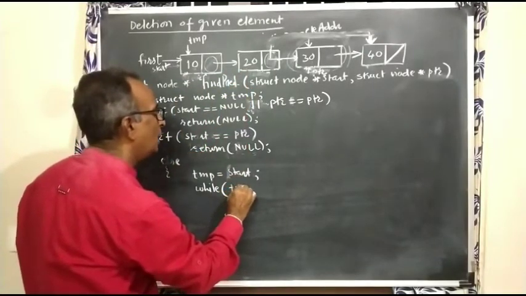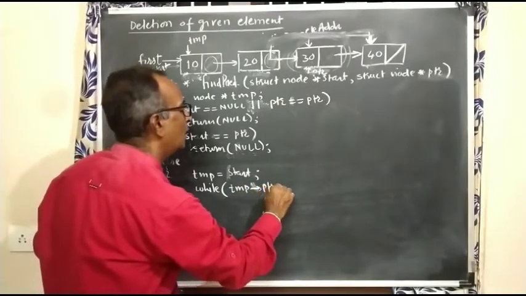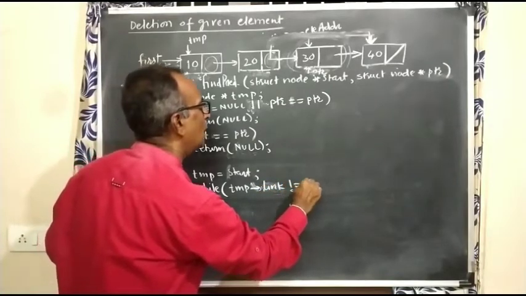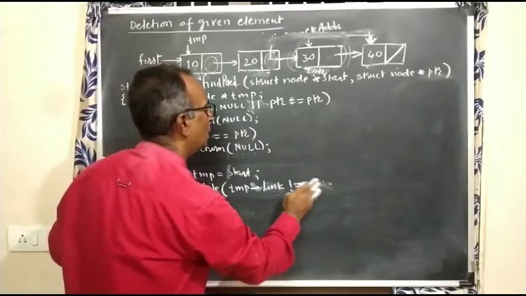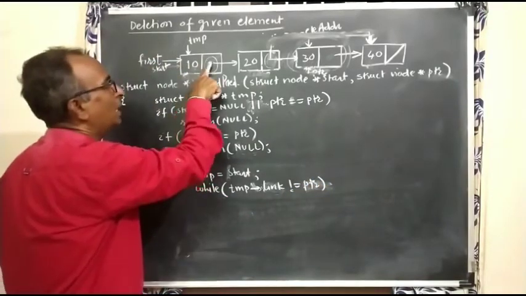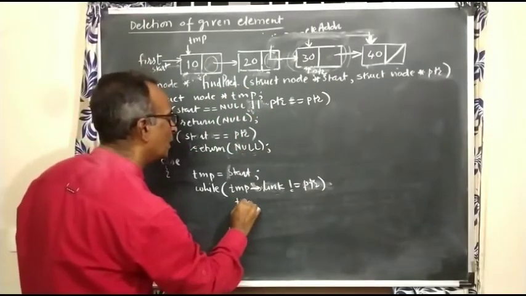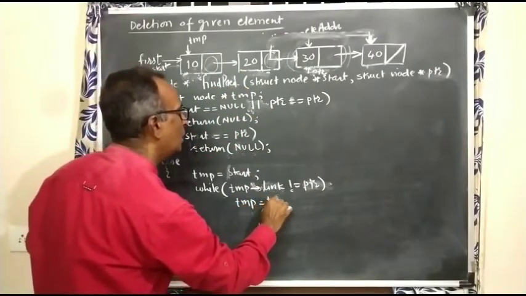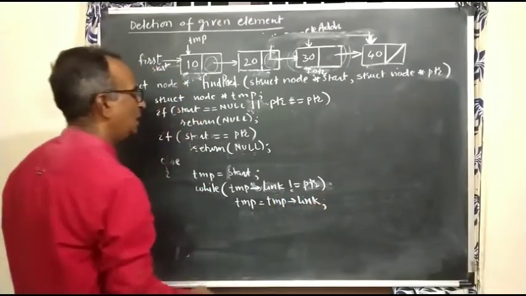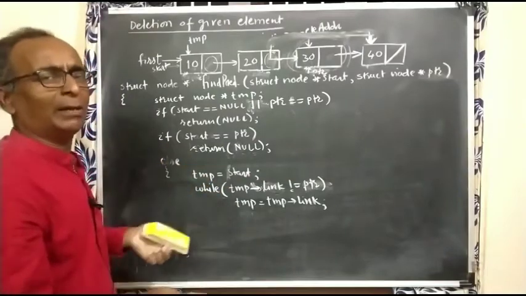So, while temp's link is not equal to null and not PTR, whatever you are searching, move temp to temp's link field.